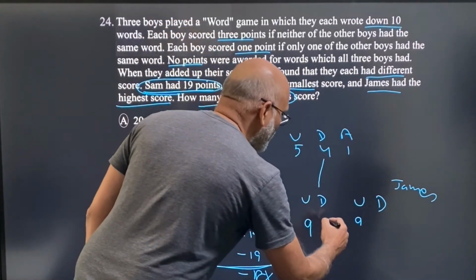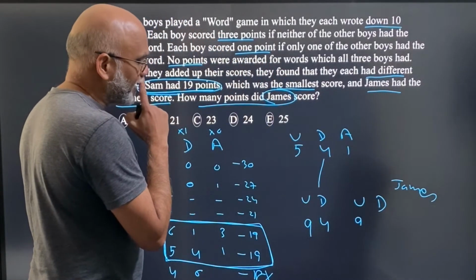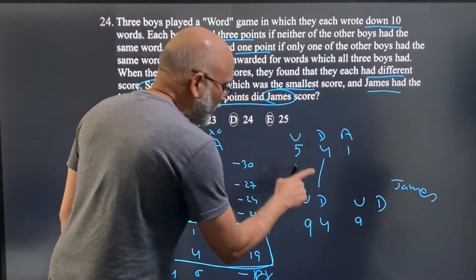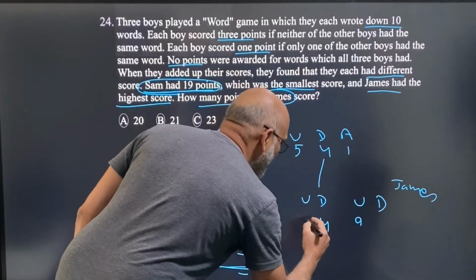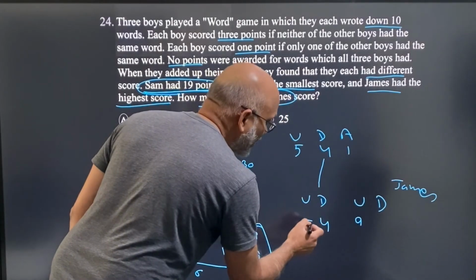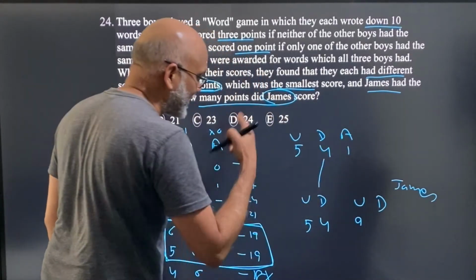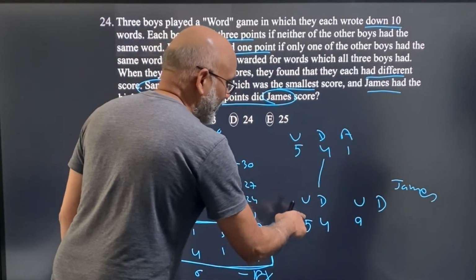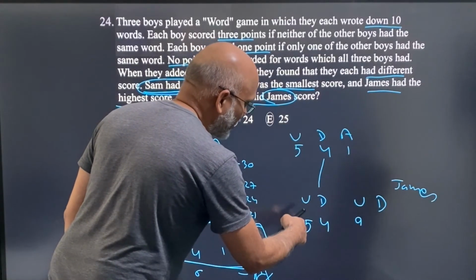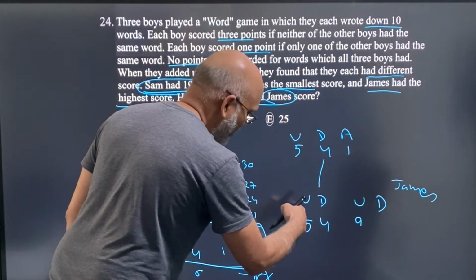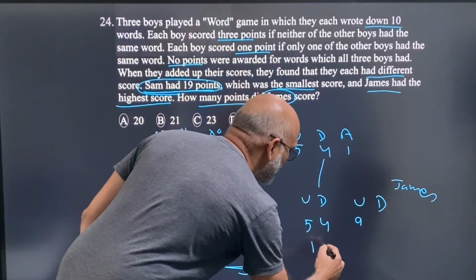So if there was 4 duplicate here, right? So if there's 4 duplicate, then the number of unique cards must be 5. So 5 plus 4 is 9, plus 1 everybody had, that is 10. So in this case, 5 times 3, for each unique they get 3 points. 5 times 3 is 15, plus 4 is 19.